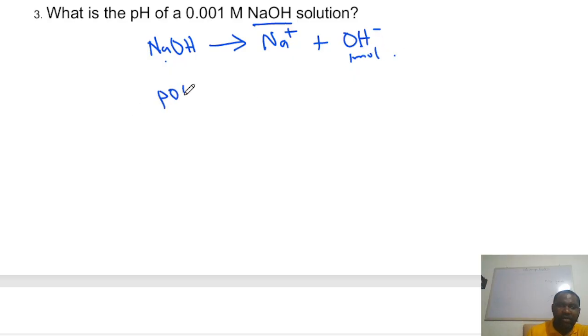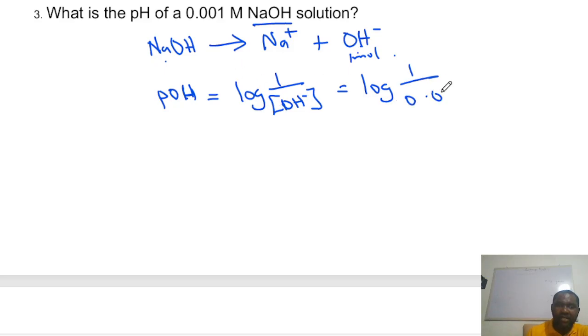So I can go ahead and find the pOH of sodium hydroxide, which is logarithm of 1 over the hydroxide ion concentration. So that would be logarithm of 1 over 0.01, and logarithm of 100 is simply 2, the number of zeros.